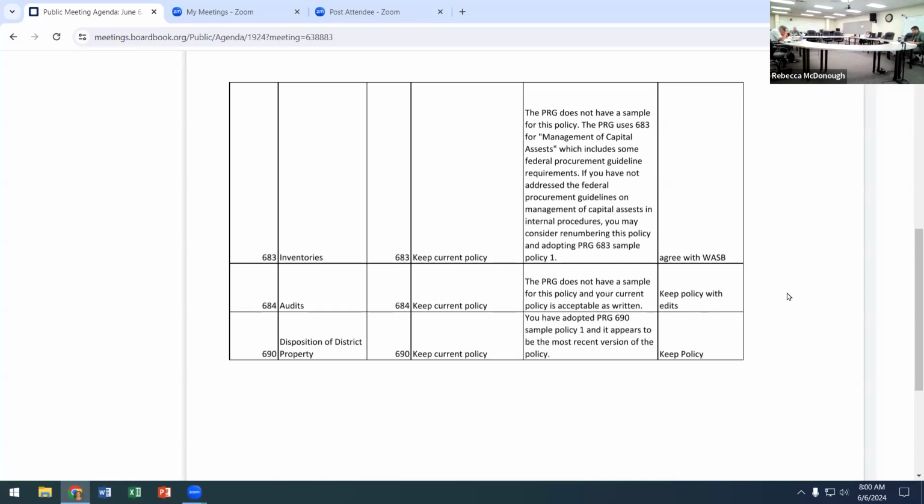My recommendation is to keep our current policy with regards to audits. And the disposition of district property. This is one where we had already adopted the PRG version in 2022. So our recommendation is to keep the version that we have.